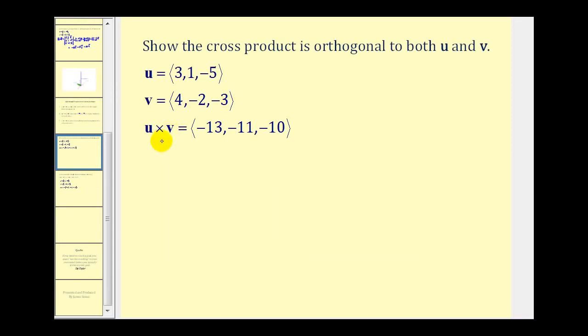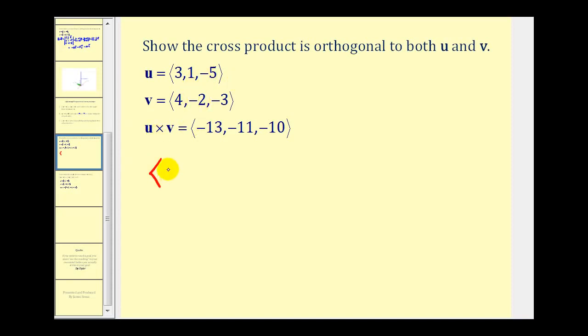Now that we have found u cross v, let's verify that this vector is orthogonal to both u and v. Remember, the way we can verify this is if we dot u and the cross product, and v and the cross product, if that dot product is equal to 0, those vectors are perpendicular. So we have to calculate two dot products.